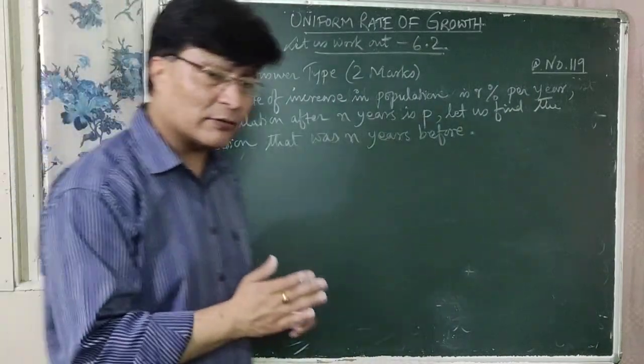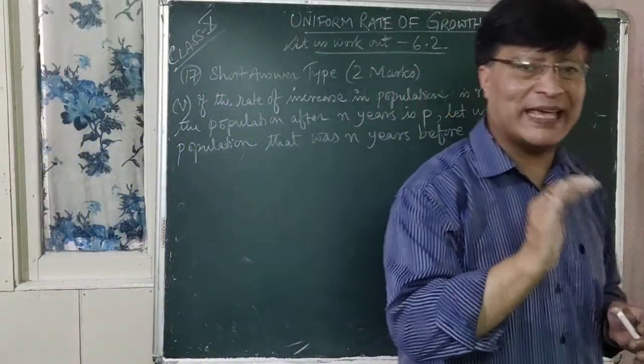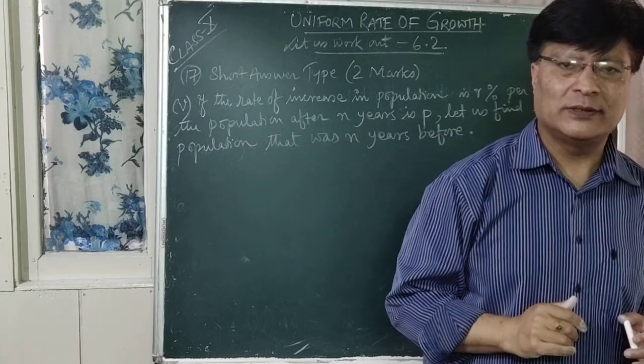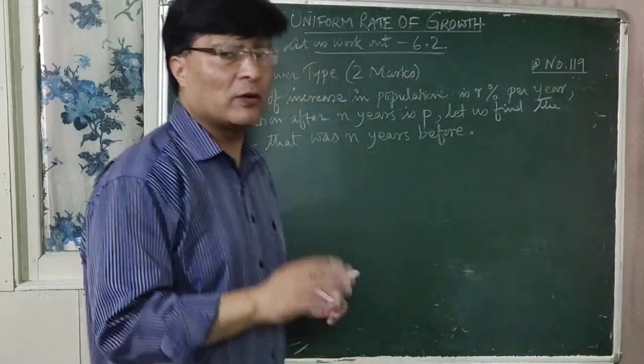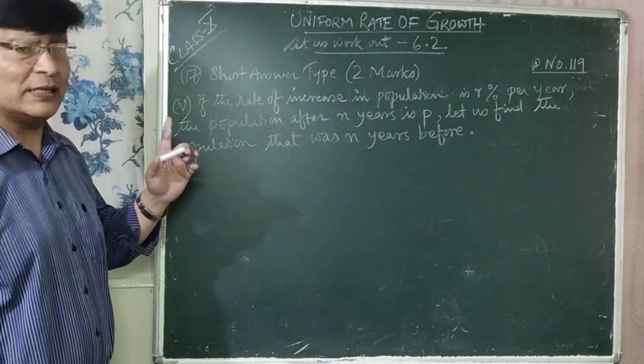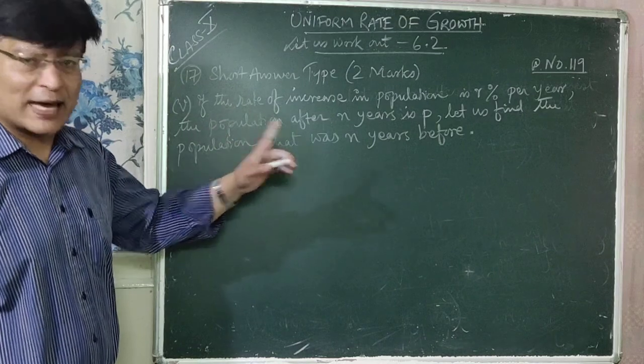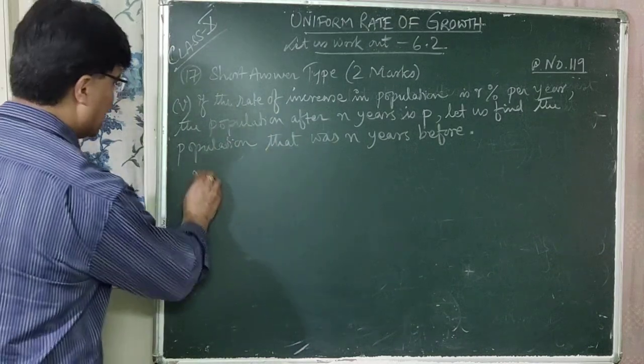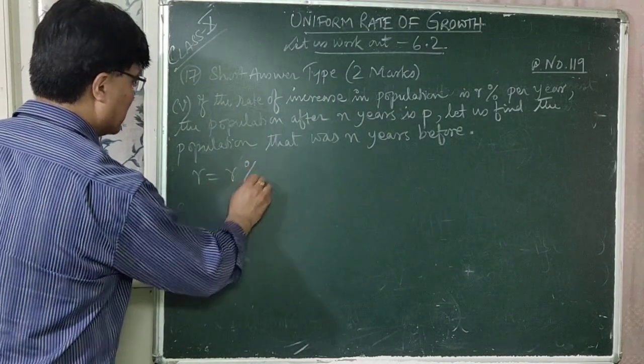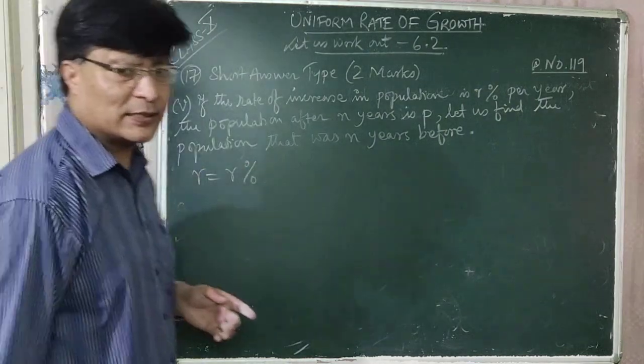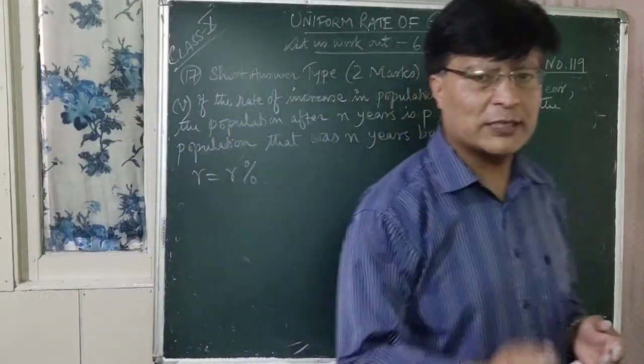So you have to find out the number of population that was n years before. Here, what is the rate of increase in population per year? It is R%. So what will be the number of population after n years?